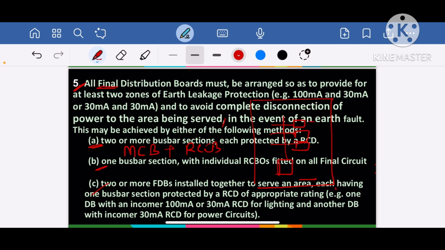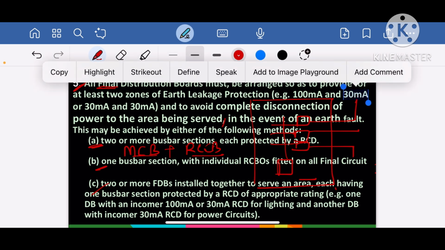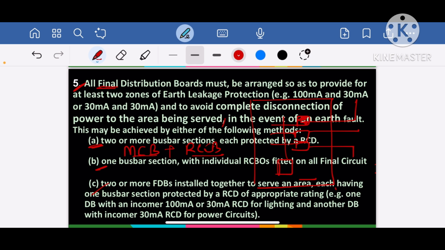Okay, so each of the loads will have an individual ELCB because each RCBO is a combination of MCB and RCCB. So each of the loads will have a separate MCB and RCCB. So in the event of earth fault, that breaker will trip only and other breakers will be functional.